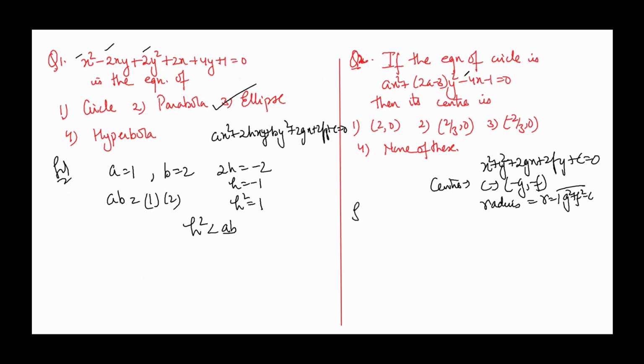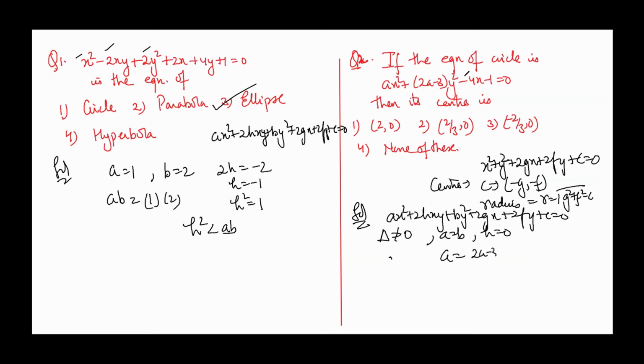So what we do in this case: the coefficient of x square for this second degree equation, ax square plus by square plus 2gx plus 2fy plus c, to be a circle, needs delta not equal to 0, a equal to b, and h equal to 0. In this question, the coefficient of x square is a, and the coefficient of y square is 2a minus 3, and a is equal to b.